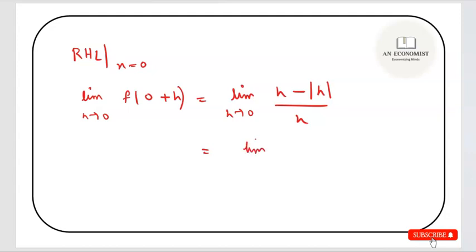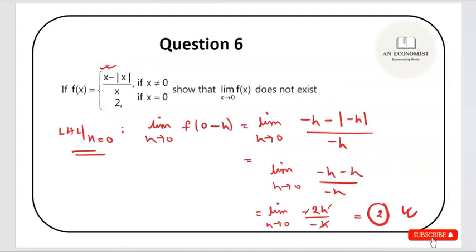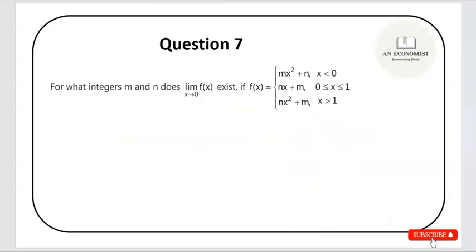Let me write another step for you. H minus h by h, which is 0, right? So the right hand limit of the function is 0 and the left hand limit of this function is 2. They are not equal, so this gives us confirmation that limit x tends to 0 f of x does not exist. The reason is that the left hand limit and the right hand limit are not the same.